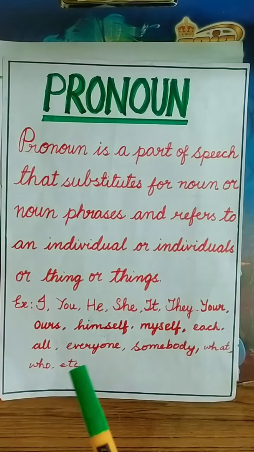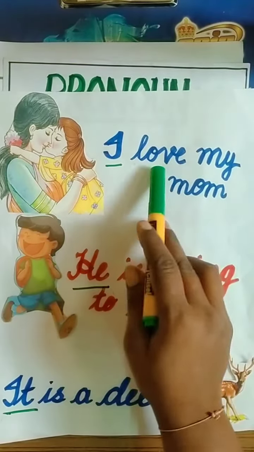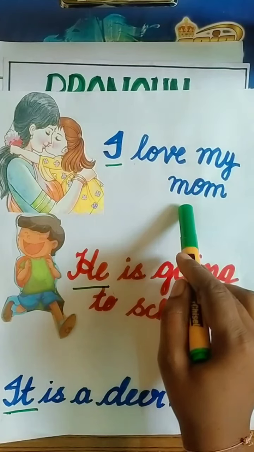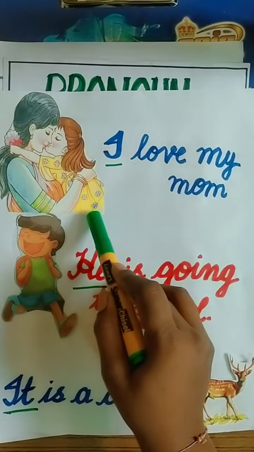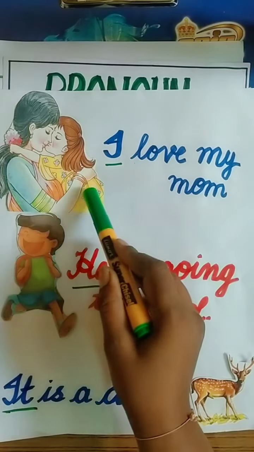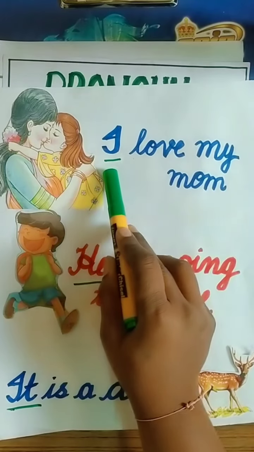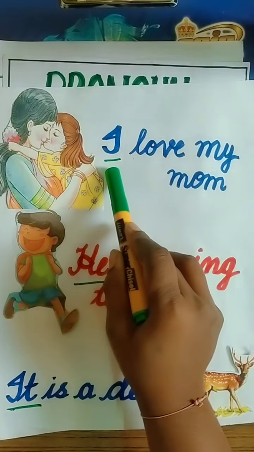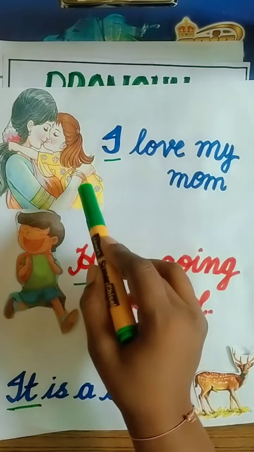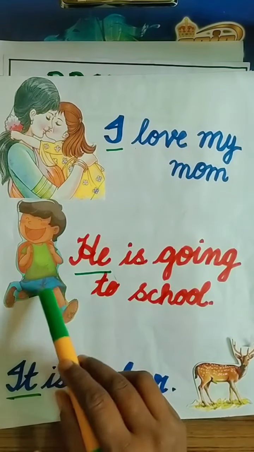Now, I'll just explain with a simple example. I love my mom. Here, the girl is telling her mom that she loves her. So, I is a word used in place of the girl. Now, who is he?